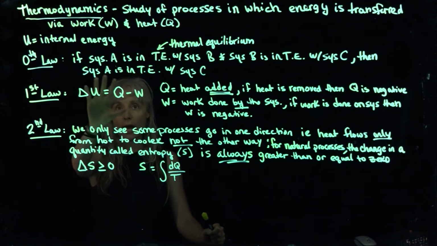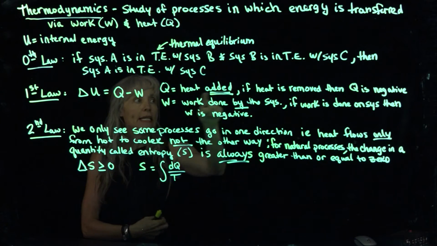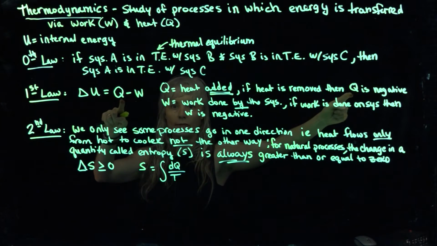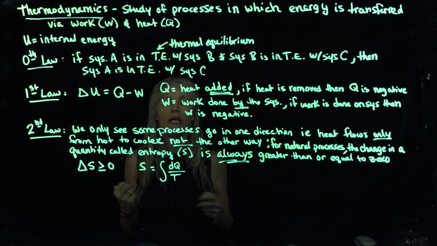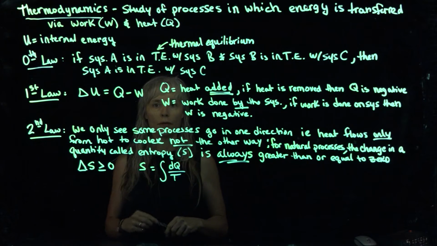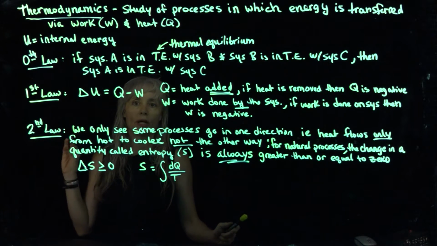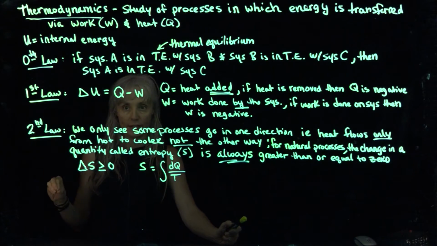The first law, as stated here, this Q is the heat added. If the heat is instead removed, then we would plug in a negative value for the Q. So if we're told 50 joules of heat is removed, then we'd put in minus 50 joules for this value of Q. W could also be the work done by the system or the work done on the system.